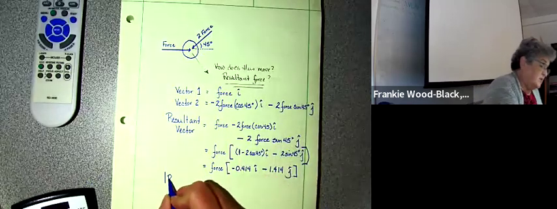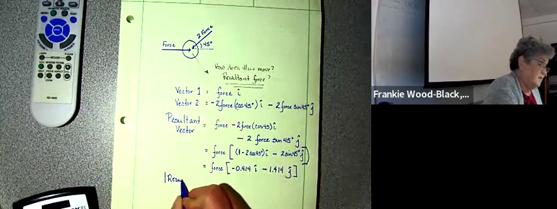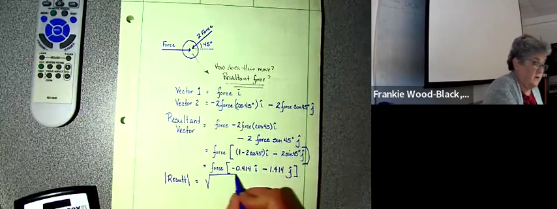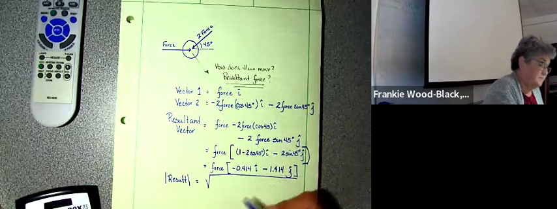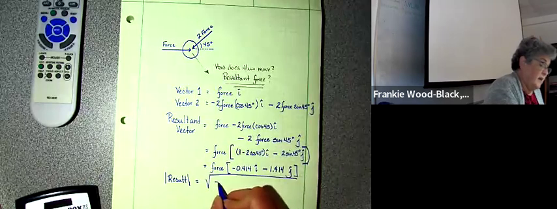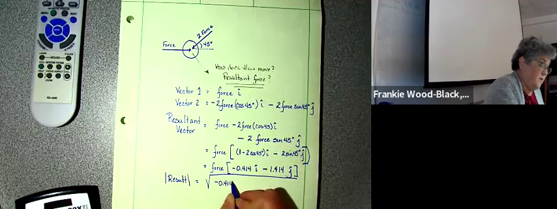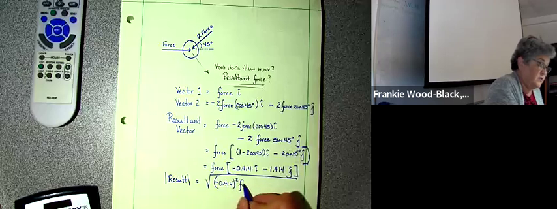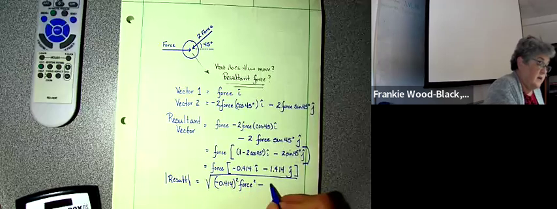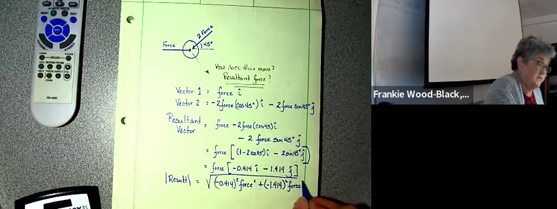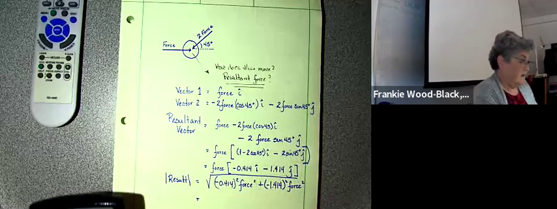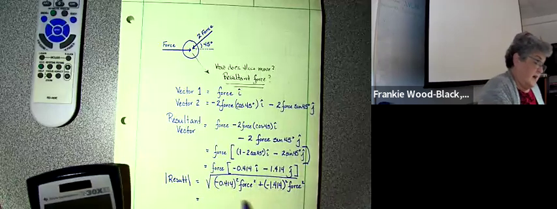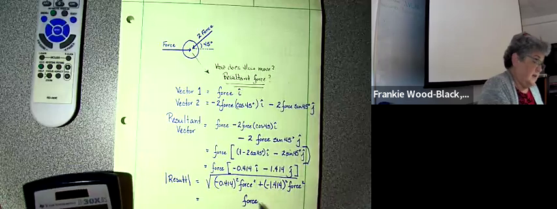The magnitude of my resultant vector is going to equal the square root of negative 0.414 squared times force squared, plus negative 1.414 squared force squared. So the force comes out, which makes life easier.